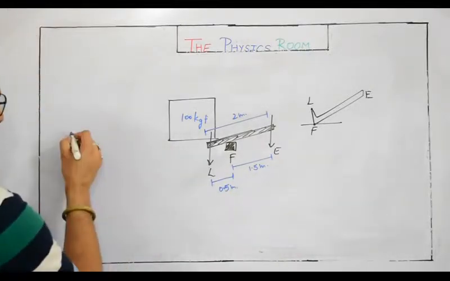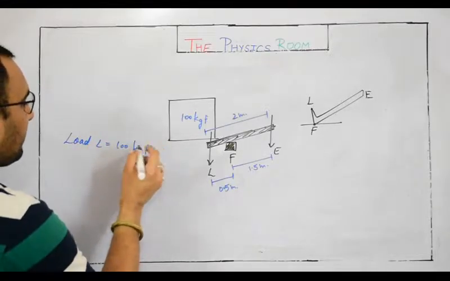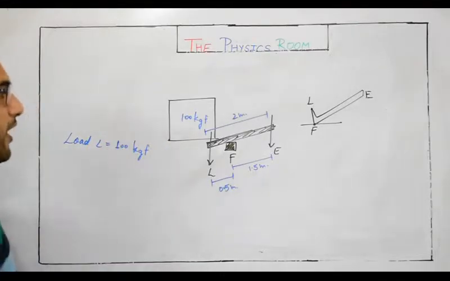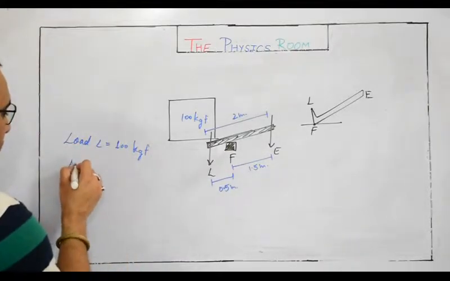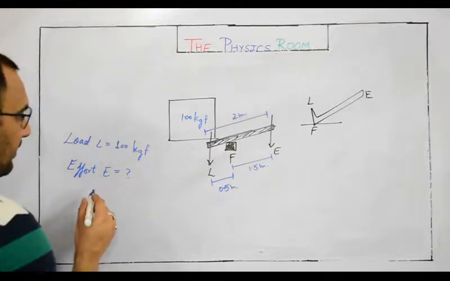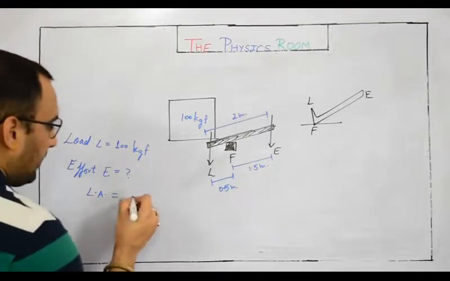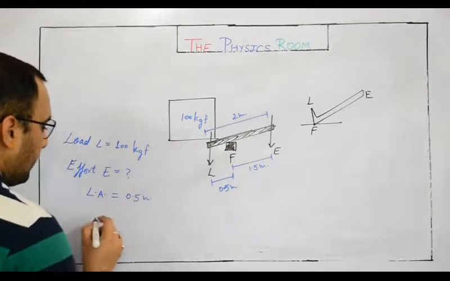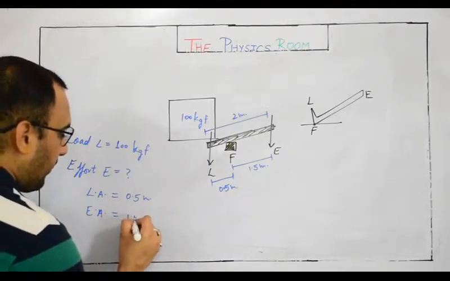So let's say load L is 100 kg. The question is how much effort is required to lift this load up. Okay, and effort E we need to find out, and the load arm length, let's say LA, is 0.5 meter and the effort arm length is, let's say, 1.5 meter.